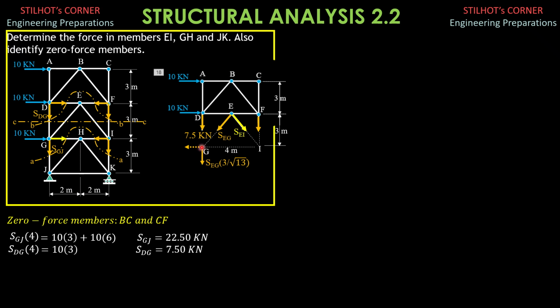This is the important component of SEG by principle of transmissibility of a force. This is equal to SEG times 3 meters over square root of 13, where square root of 13 meters is square root of 2 squared plus 3 squared. So we sum up moments about I to solve for SEG, counterclockwise positive.